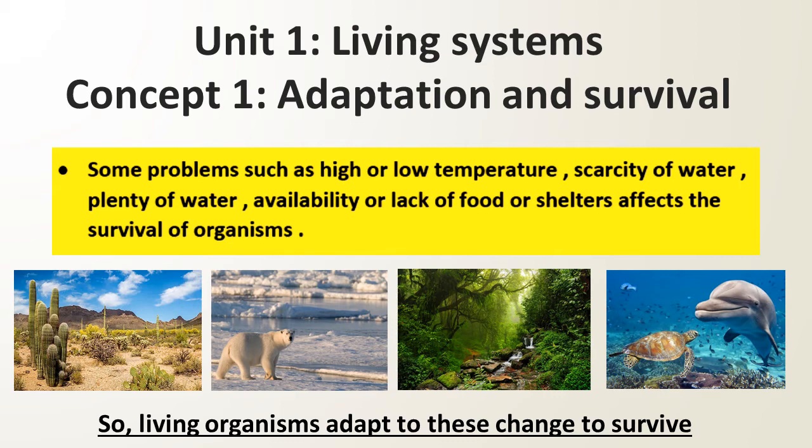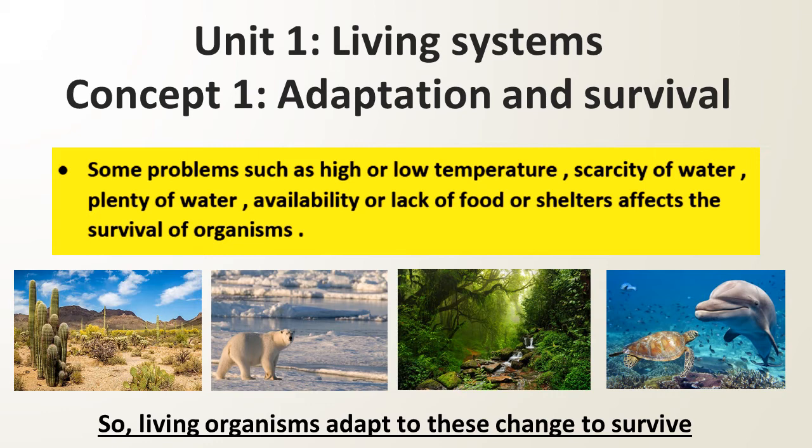Okay, so what do they need to stay alive? They need water, food, air, shelter, and also a good climate or good weather, whether the temperature is high or low. They need a mild temperature.